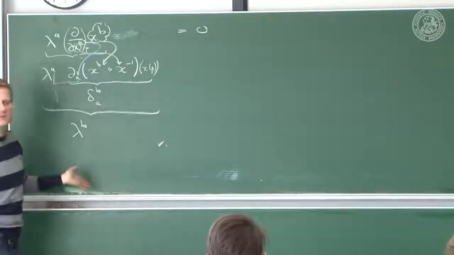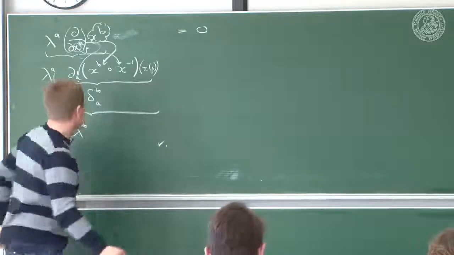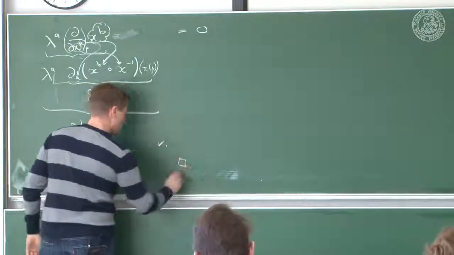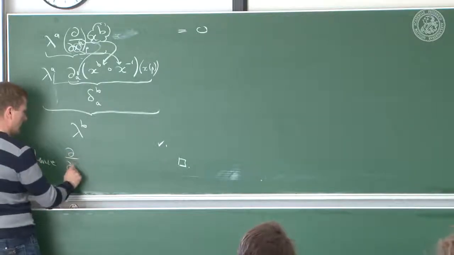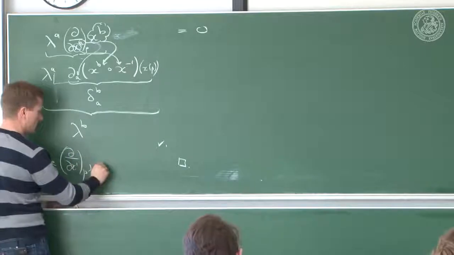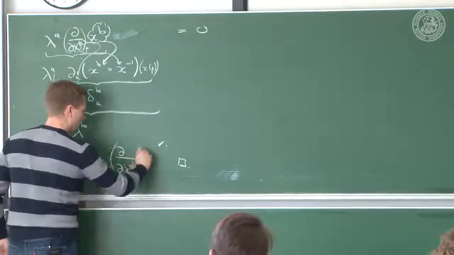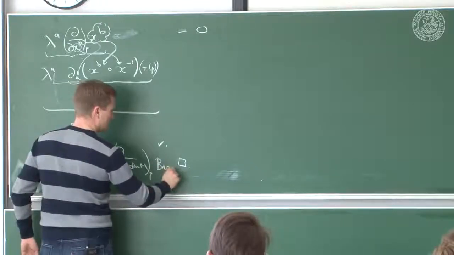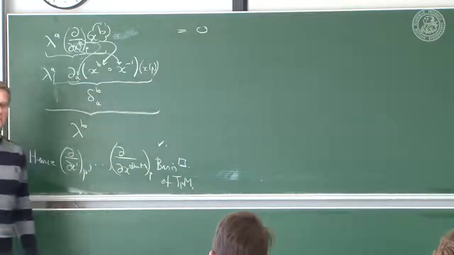We derive lambda^b is 0. Hence, d by dx^1 at p up to d by dx^(dim M) at p is a basis of T_pM. And that proves the theorem.